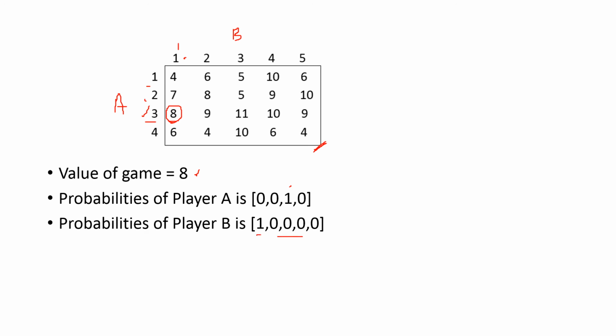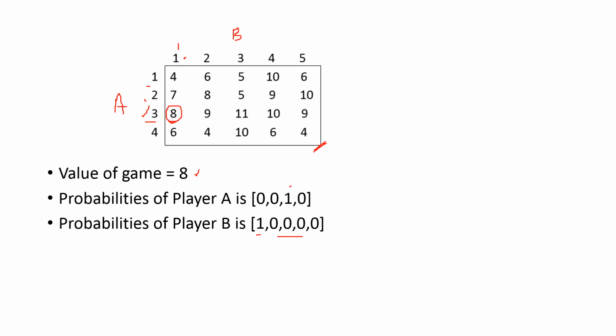So this is the principle of dominance method to find the value of the game. First you go for the row reduction. Find the sum of each row, pick the minimum total, and compare it with the other rows. Go for x less than or equal to y, and check whether dominance is there or not.